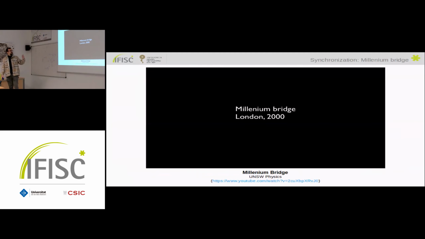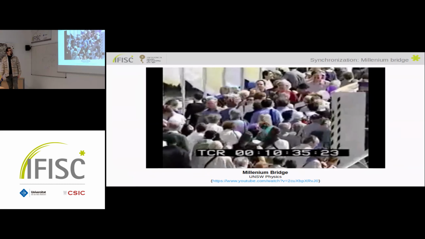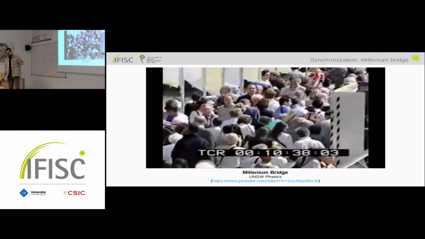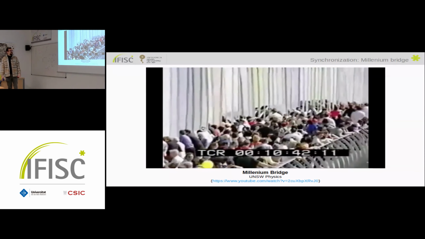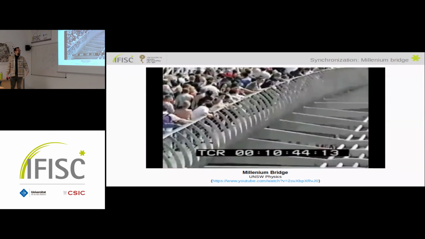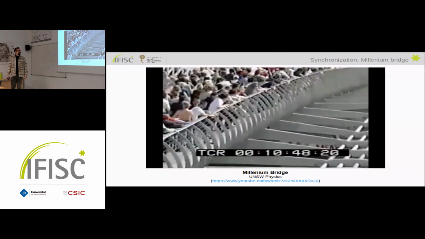And as I will show you in one video that probably some of you are already familiar with, they start to synchronize their movement from side to side, and this causes some oscillations in the bridge, and it did lead to the temporary closing of the bridge for some time.